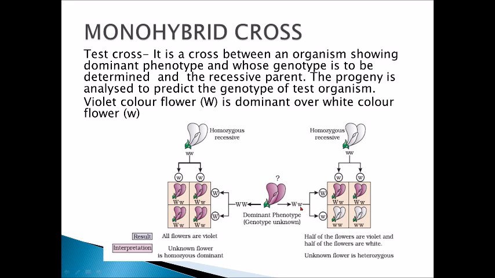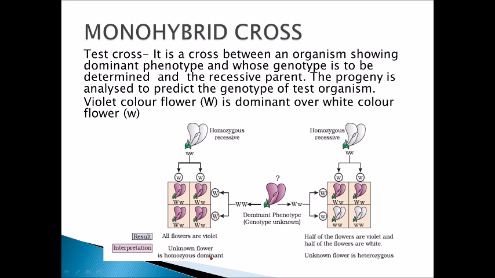So depending on the color of the flowers in the F1 generation, the interpretation can be given, and based on this interpretation we can understand what will be the genotype of the dominant phenotype showing flower. If all the flowers in the test cross show the violet color, then the plant whose genotype is to be understood must be homozygous dominant.